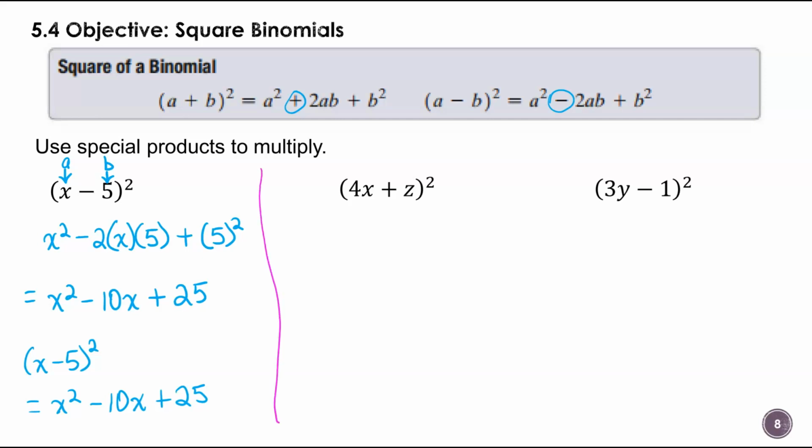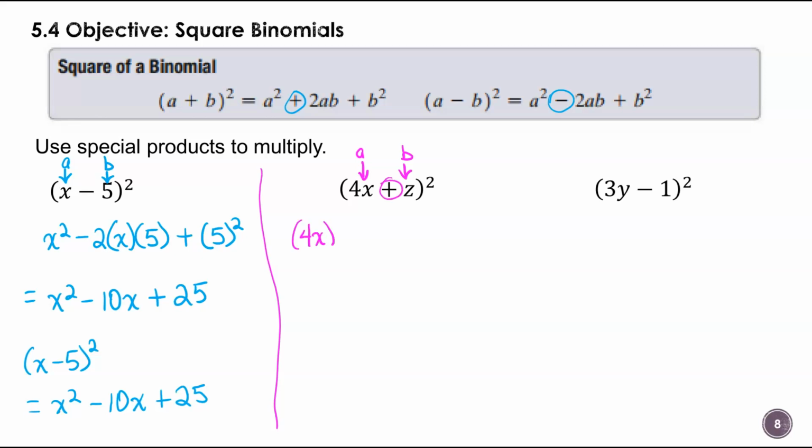All right, so let's split that off. I'm going to show you this again. My A is 4x. My B is z. Okay, so I'm going to take A squared, and I'm using the first formula because this is a plus, right? This tells me what to do there.